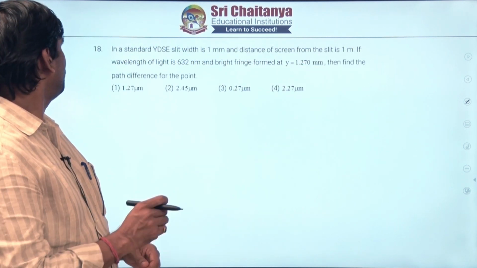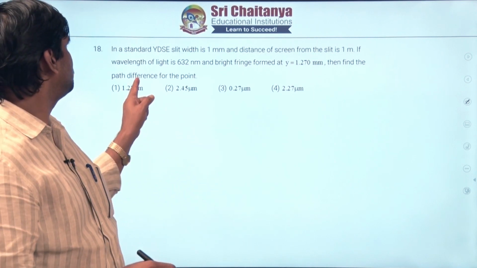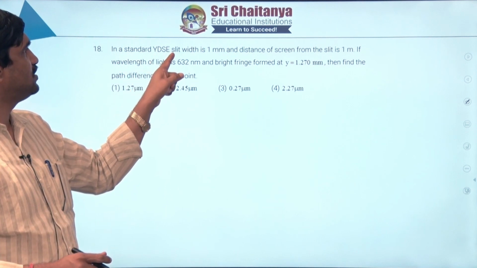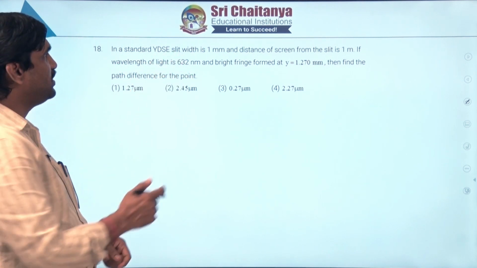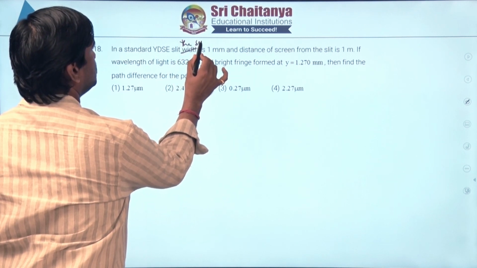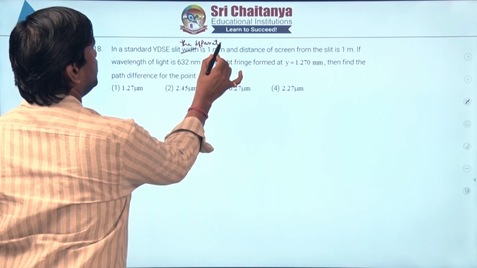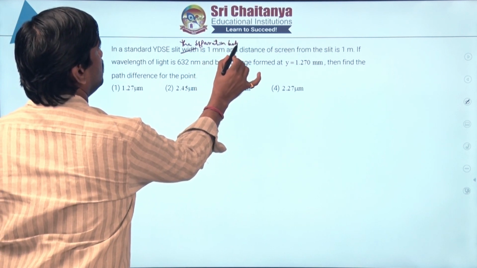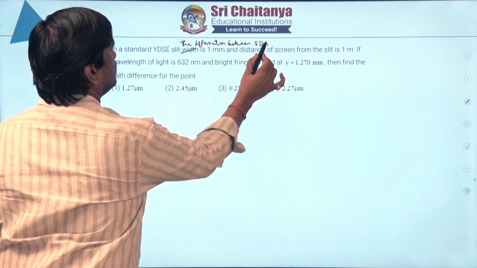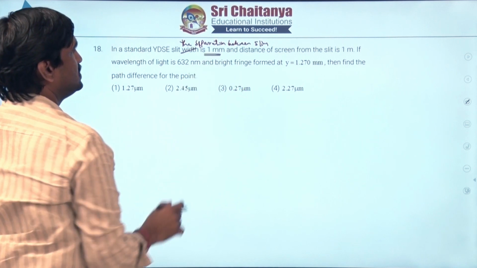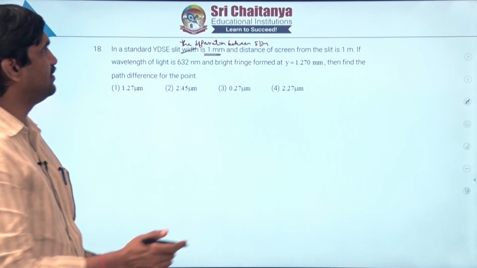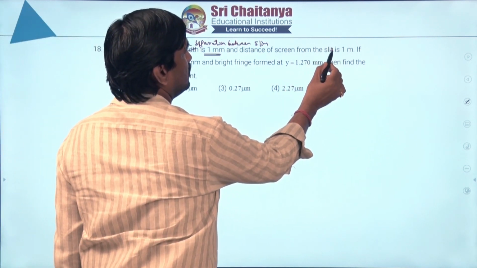Now, I am going to start the 18th question. This 18th question is based on Young's double slit experiment. Given that in a standard Young's double slit experiment, the separation between slits is 1 millimeter, and the distance between slits and the screen is 1 meter.